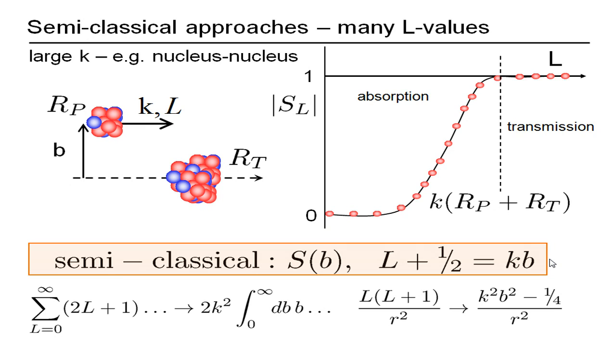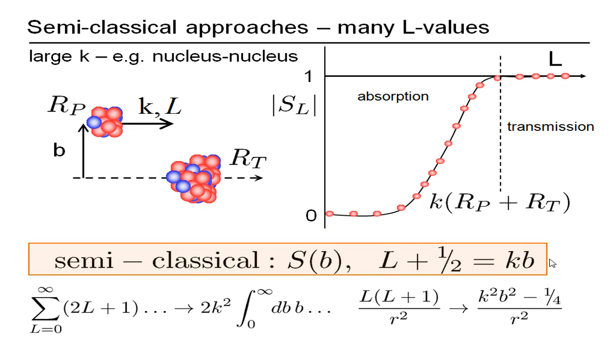But you will see that when we've been writing expressions for cross sections, we've had things like the sum from L equals 0 of some stuff weighted by 2L plus 1 to correctly count the substates associated with each value of L. With this translation, those sorts of sums over the discrete index will turn into 2k squared times an integral over B. So instead of having these, we're going to have these here.